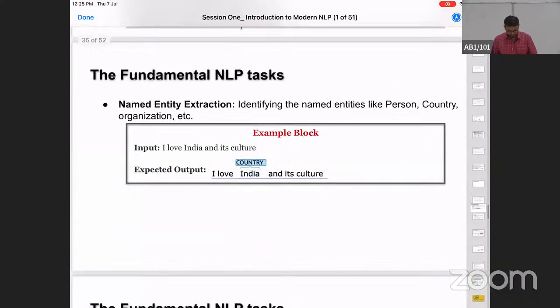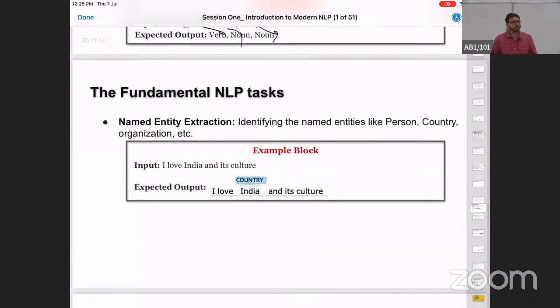Okay. One more fundamental task is NER, named entity recognition. The idea is the following. There are some named entities, or classes of named entities, like person, country, organization, and so forth. Given an input text, I want to assign the tokens their named entity.